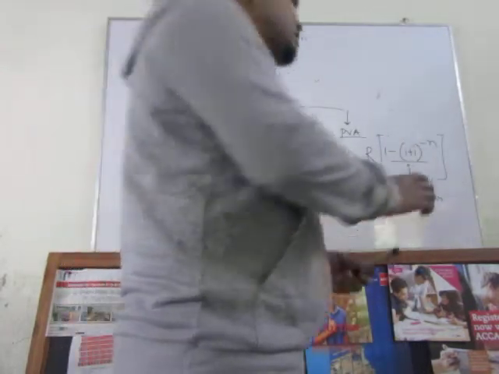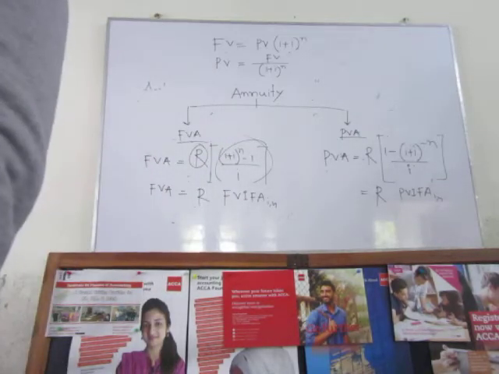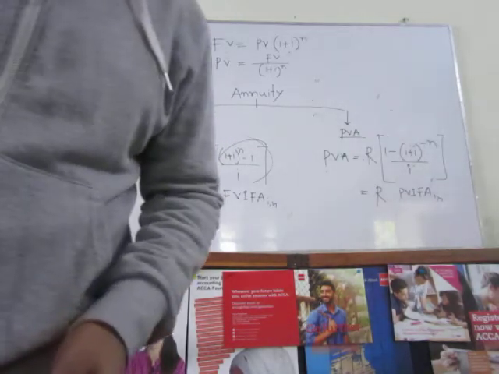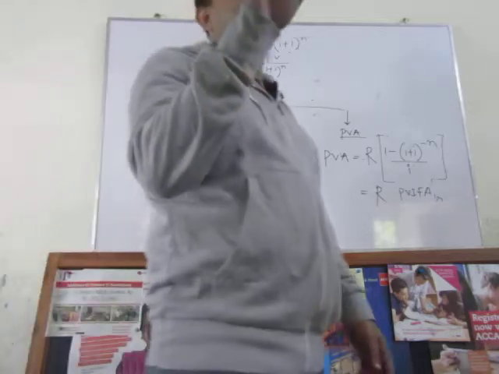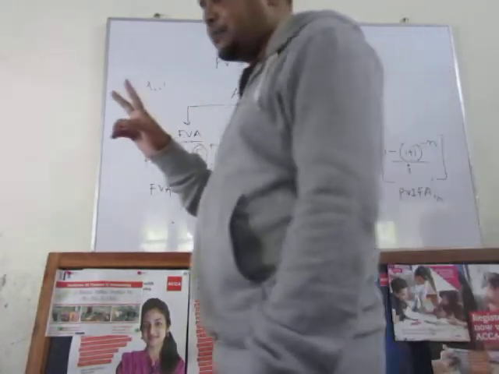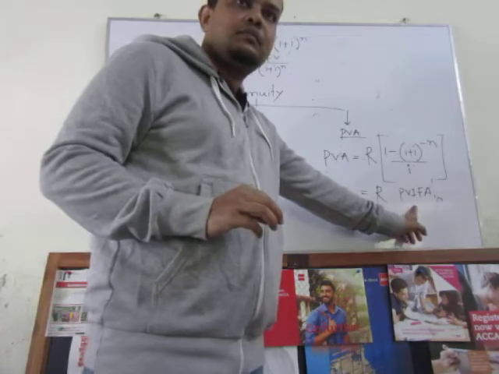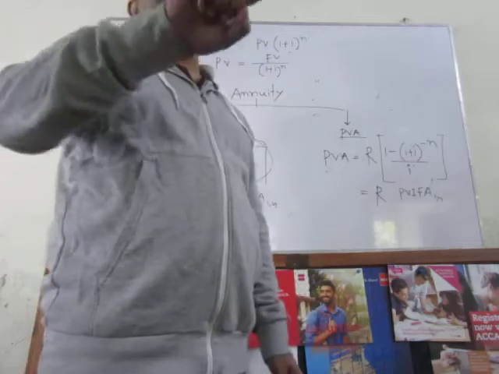Normally you will be provided this present value interest factor annuity table. In your SSC exam hall, normally you will be provided two tables. One is the present value interest factor annuity table and another is the present value interest factor table.